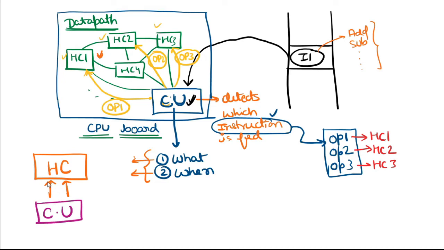Each hardware component has at least two signals that come from the control unit, one stating what and the other stating when. This what is mentioned on the operation line, and when is mentioned on the select line. So there are actually two lines connected to a hardware component: one is the select line, one is the operation line.